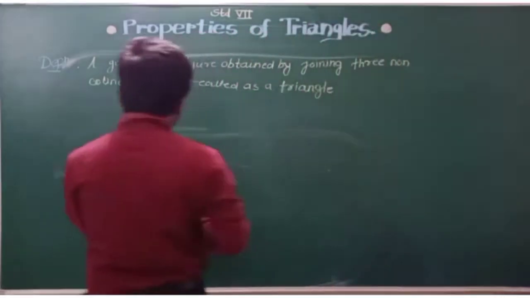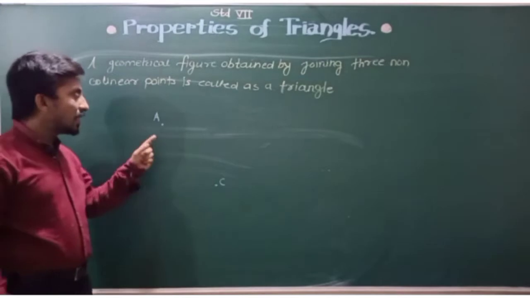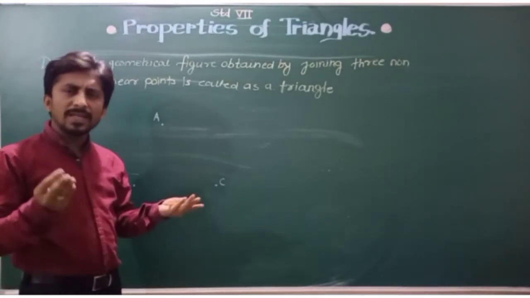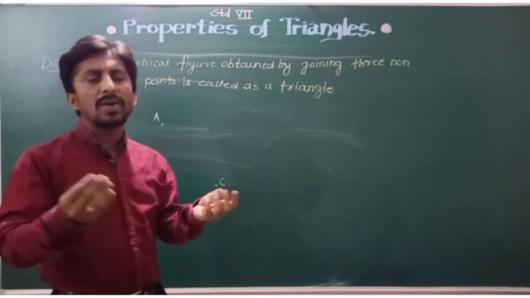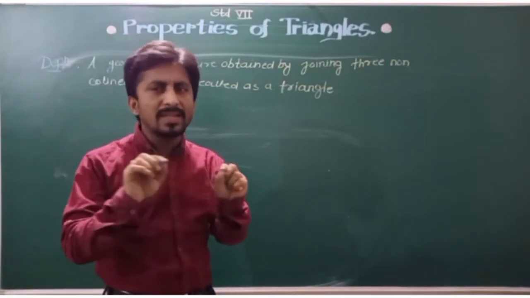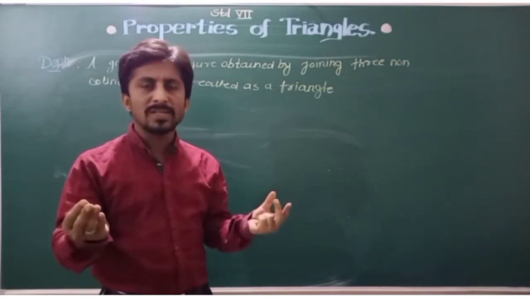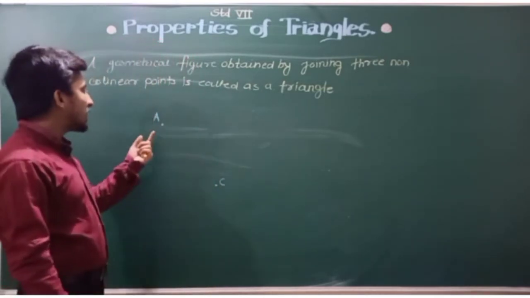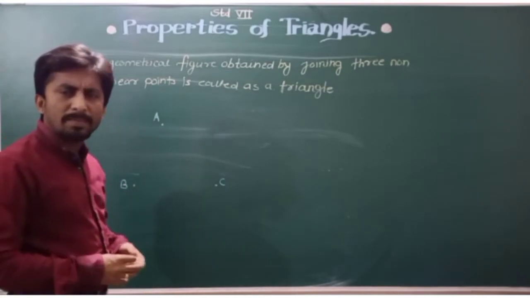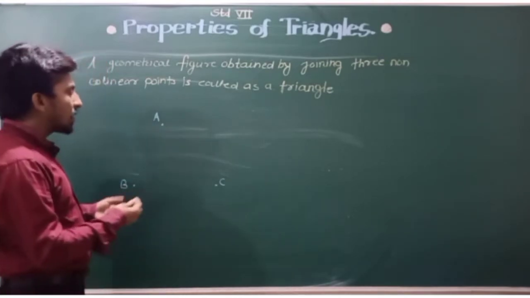Now you can see here on this board, you can see 3 points A, B and C, and these 3 points are non-collinear. What is the meaning of non-collinear? Points not lying in the same line. Those points are non-collinear. So you can see that all these points A, B, C do not lie in the same line. So they are non-collinear points.